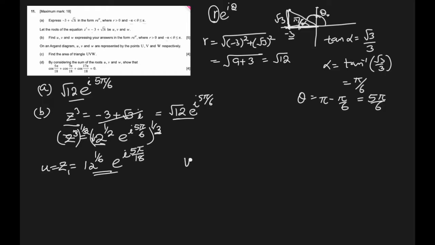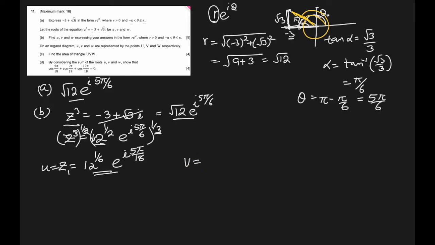What about v? For v, we know, if I show you here, this is z cubed, right? This one. Can I have that after I start from here and reach here, I go 2 pi more and I reach back here? That will give us v.